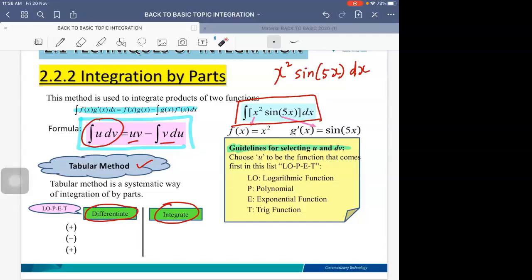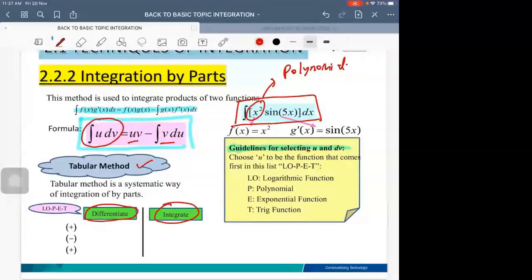For example here, your function involves x squared, which is a polynomial. So x squared is a polynomial function, like x squared plus 3, or x to the power 4 minus 4x.